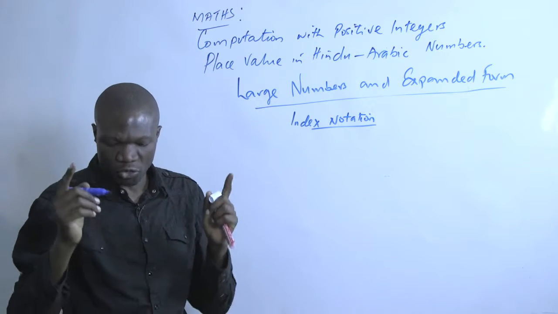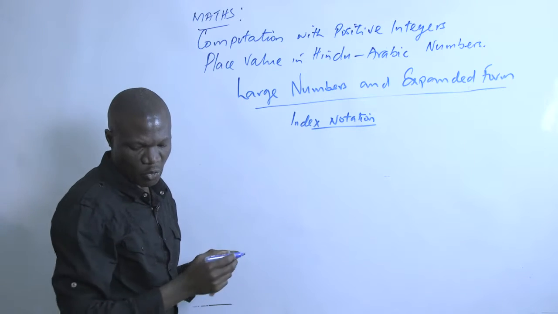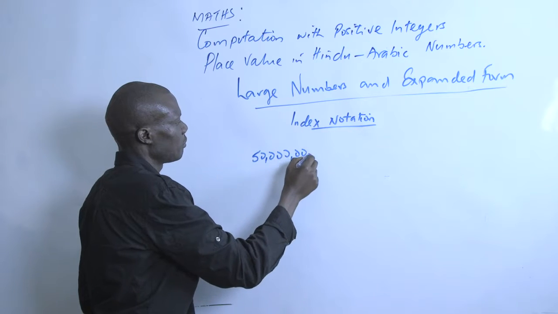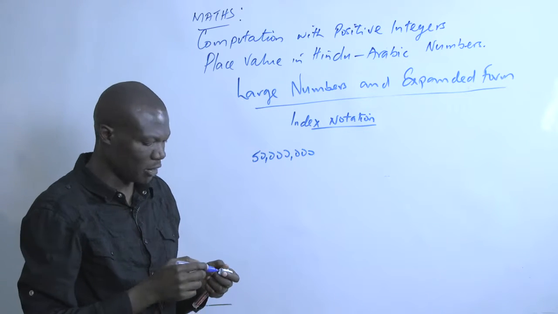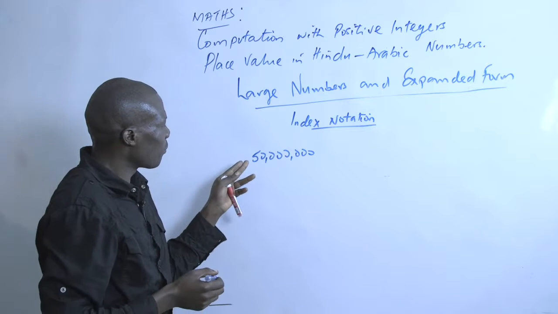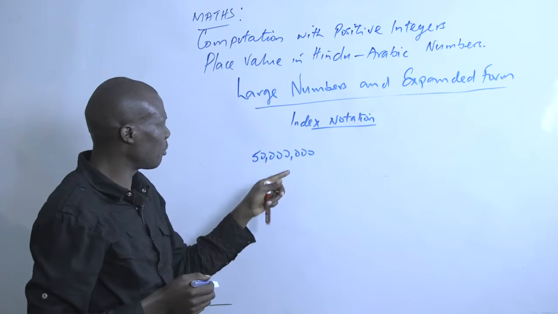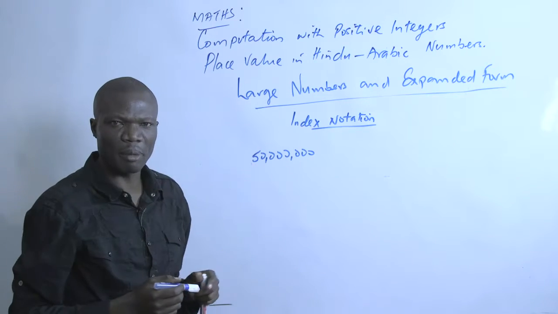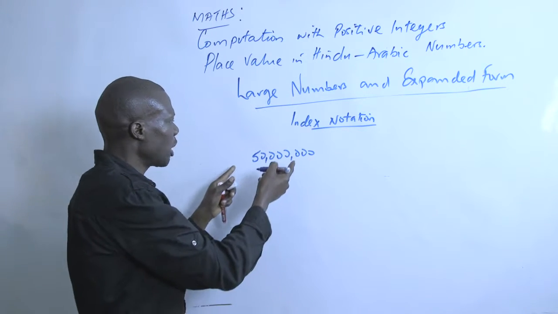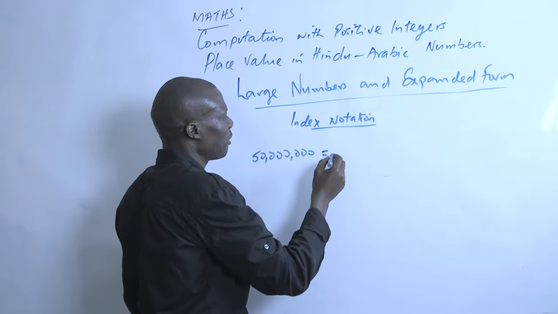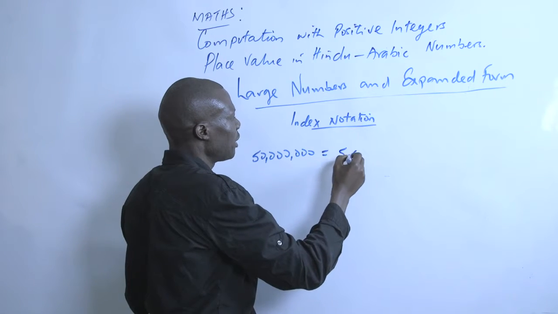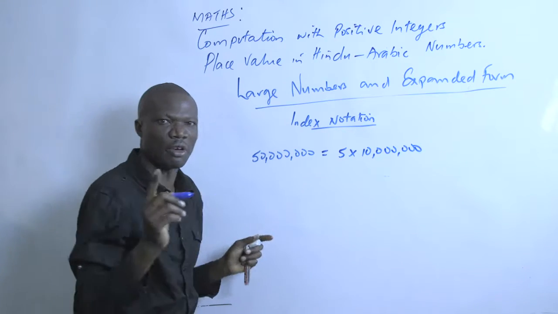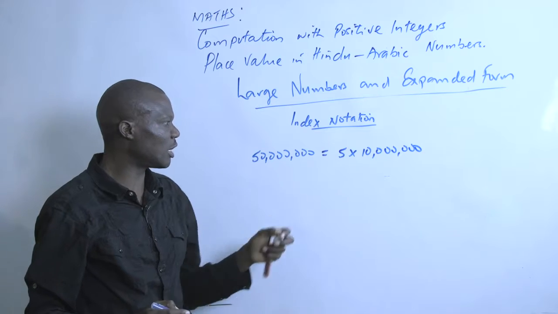Index notation. For example here, if we want to represent 50 million, we shall ask ourselves the position of 5. You realize that the position of 5 is at 10 million. So to break this, the expanded form will be 5 times 10 million.